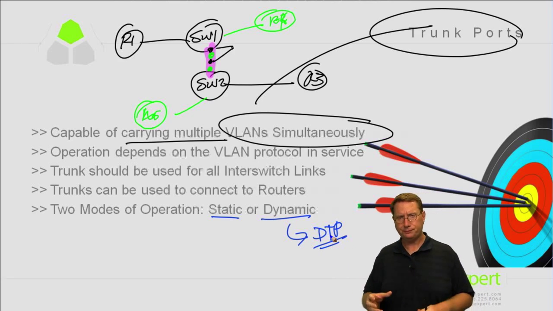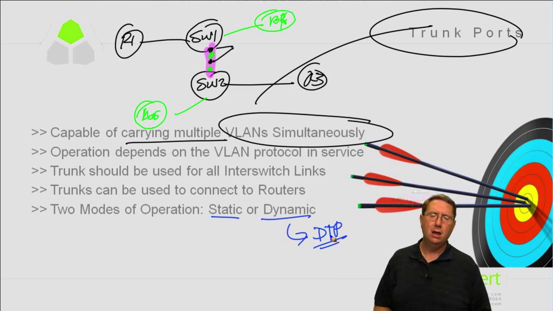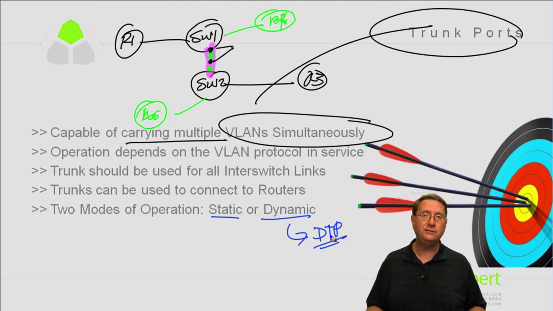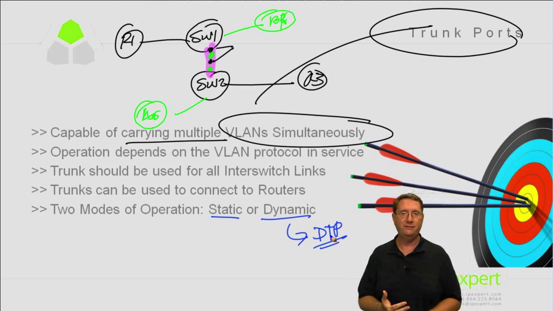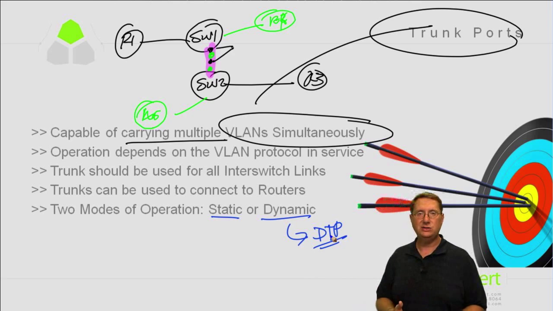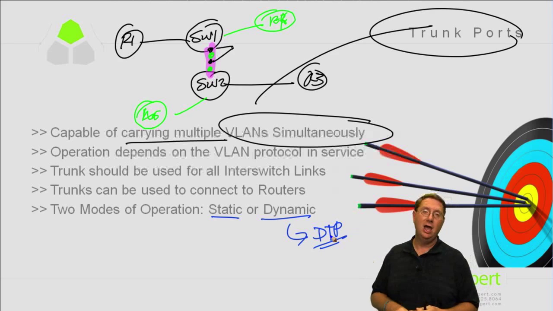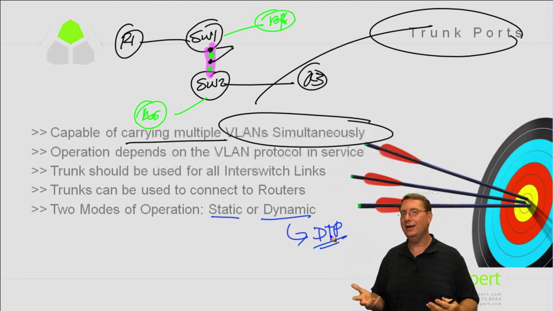Now, why did I bring up ISL? Well, I brought up ISL because the majority of switches that are older, 3560s and some of the other devices, are going to automatically use dynamic configuration, and they're going to come up by negotiating an ISL trunk.